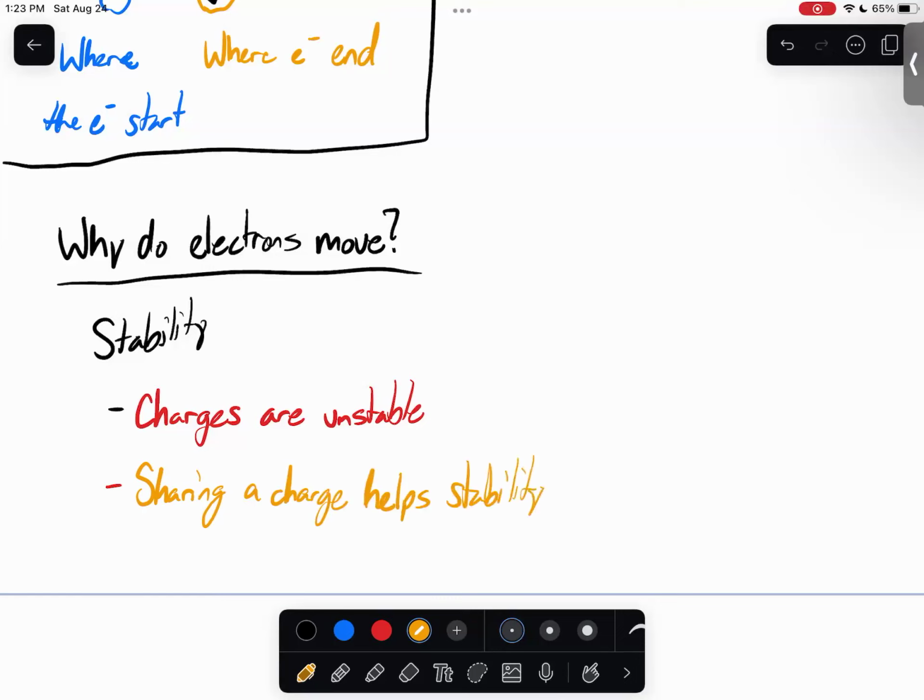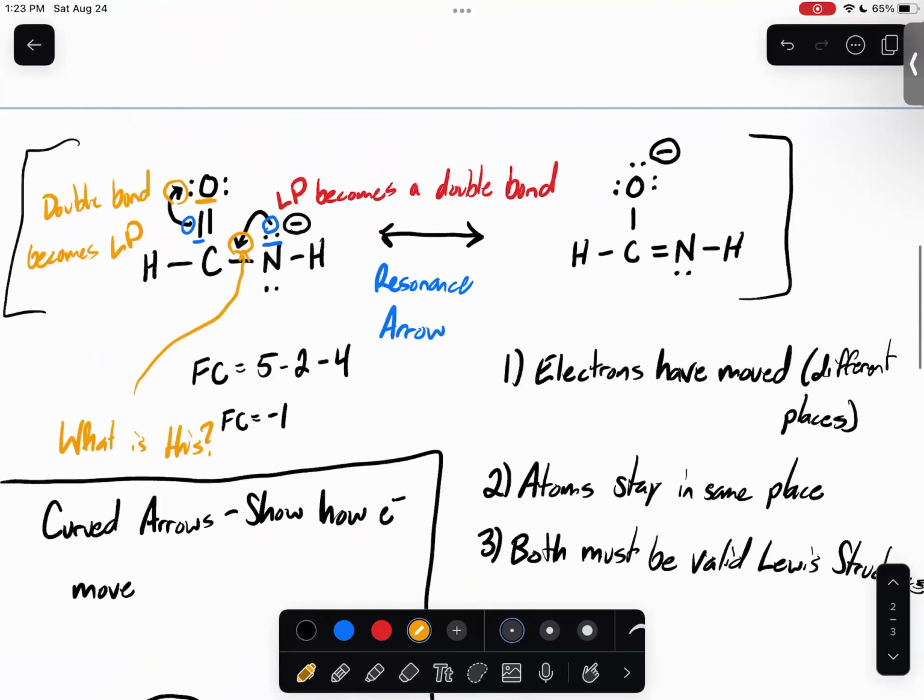right? And so if we're looking at this resonance structure that we have up here, the nitrogen starts with a negative charge, the oxygen ends with the negative charge. That means that essentially, since these electrons can move both directions, right? They can move in the way that we show them here, or on the other side of the map, they can do the exact opposite and return to their original position.